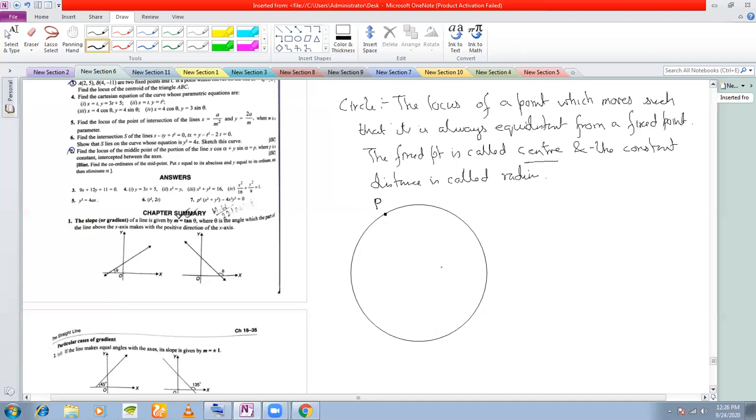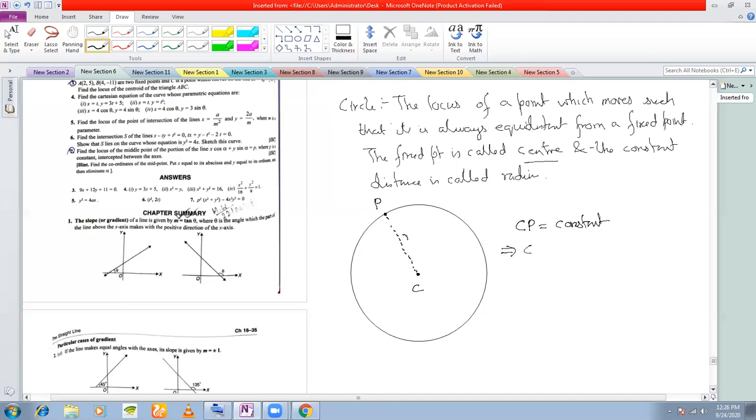If I take the center of the circle here, say C, this locus is such that the geometrical condition is that CP must always be equal to a constant.